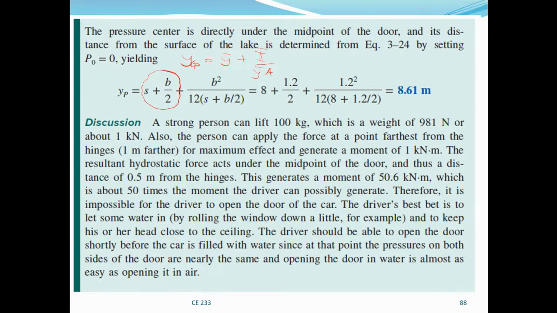And then I bar, which is the centroidal moment of inertia of a rectangular surface, because it is vertical in this case, is b d cubed over 12.